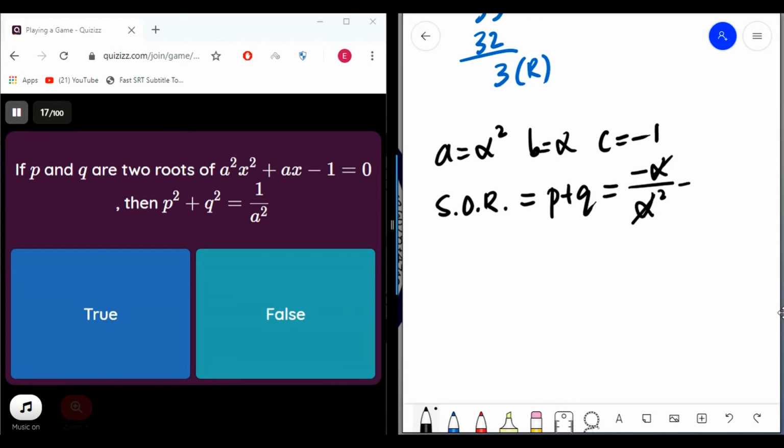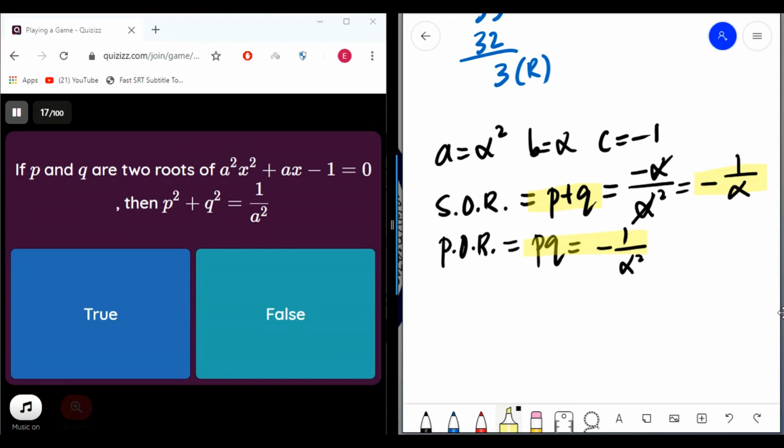Alpha and alpha can cancel, equals -1 over alpha. Then the product of roots, which is p times q, equals c over a. c is -1, a is alpha squared, so pq equals -1 over alpha squared. Okay, I will highlight it here. This is p plus q equals -1 over alpha.